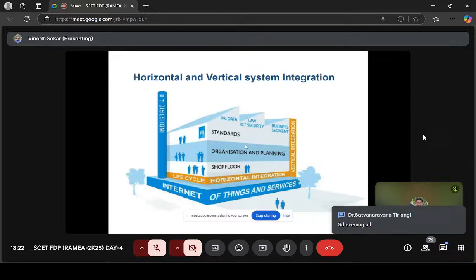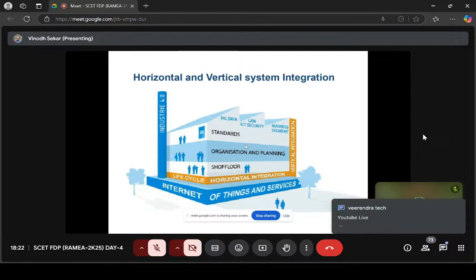Thereby, we shall take ahead the various functions in manufacturing, like strategic, tactical, and operational functions. And the role of horizontal and vertical integration is very essential. It has to be supported with lifecycle management tools, Internet of Things, Internet of Services, and so on.